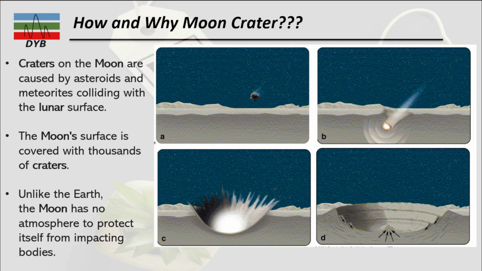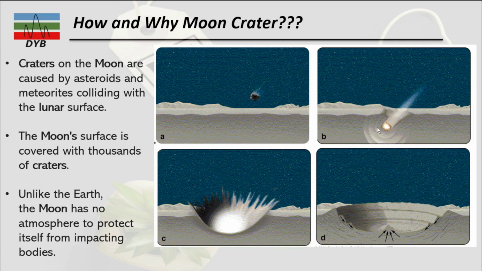Craters on the moon are caused by asteroid and meteorite collisions with the lunar surface. In figure A, you can see this meteorite is coming in the orbit of the moon and trying to hit the surface of the moon. Once it hits the surface, it depends on the weight: if it's larger, it can produce a bigger crater, and if it's smaller, it creates a smaller one.